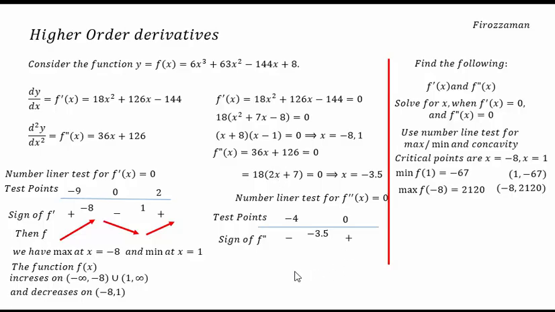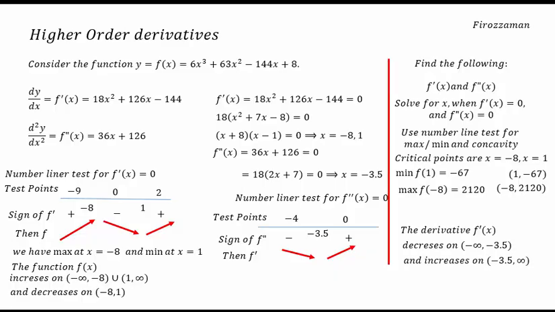Now what can we say about the derivative? The derivative is decreasing on the left side of -3.5 with a negative sign, and the right-hand side goes to positive, meaning increasing. So f'(x) decreases on negative infinity to -3.5 and increases on -3.5 to infinity.